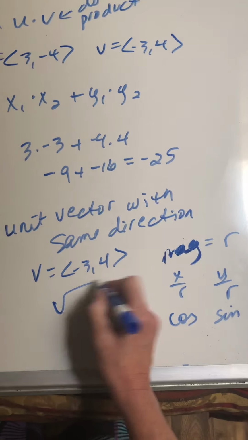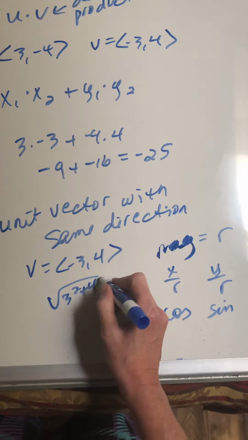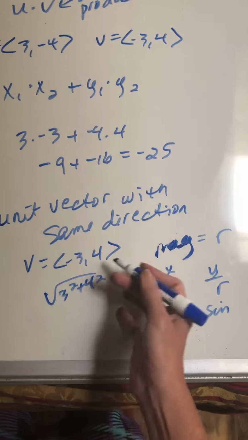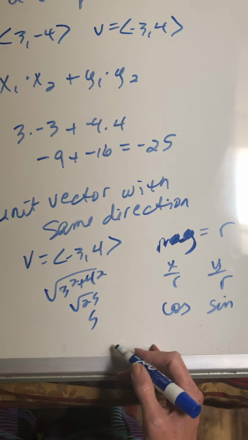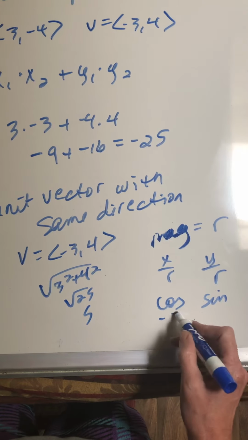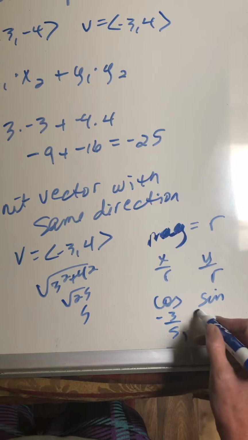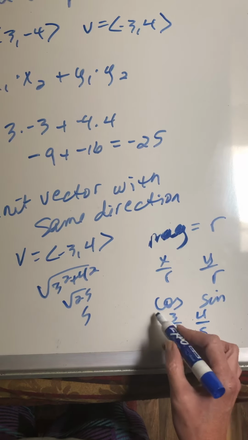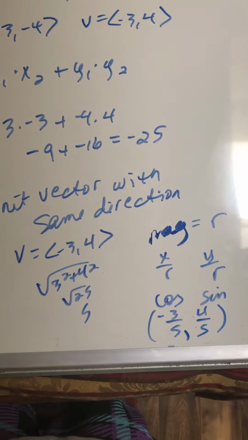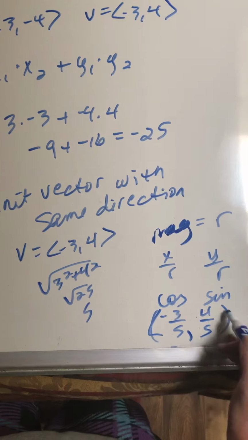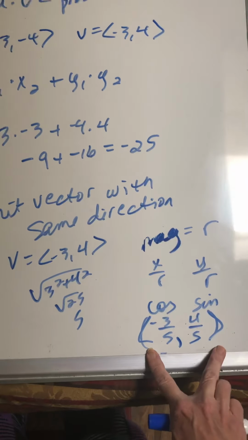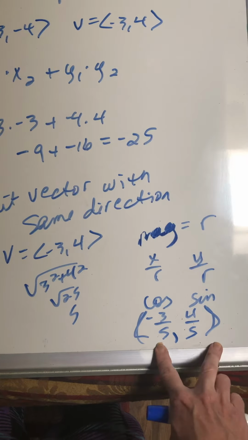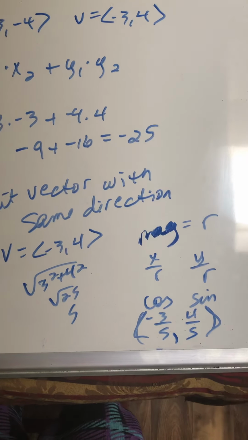So the square root of 3 squared plus 4 squared, that's your magnitude, or you recognize it's a 3, 4, 5 triple, so this is 25, which is 5. So you would have -3 over 5 and 4 over 5, which would be your cosine and your sine, okay? They want it in component form, but they'll have the pointed parentheses there for you. You just have to plug in the -3 over 5 and the 4 over 5.